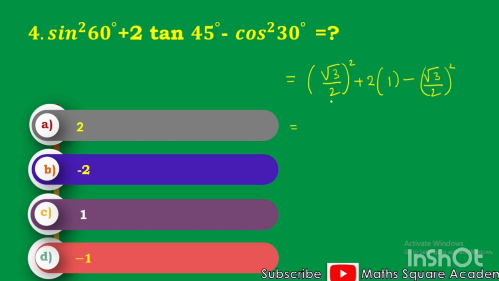Root 3 square is 3, 2 square is 4, plus 2, again minus root 3 square is 3 upon 4. So plus 3 by 4 minus 3 by 4 will get 0, and the remaining answer is 2. In this way you can solve this question. So the answer is the first option, 2, A1.